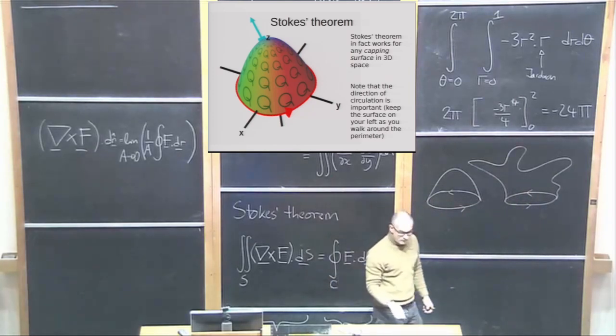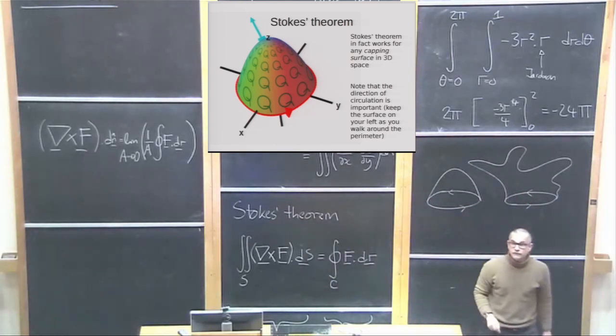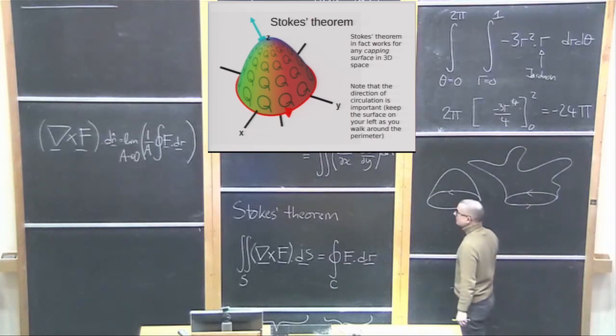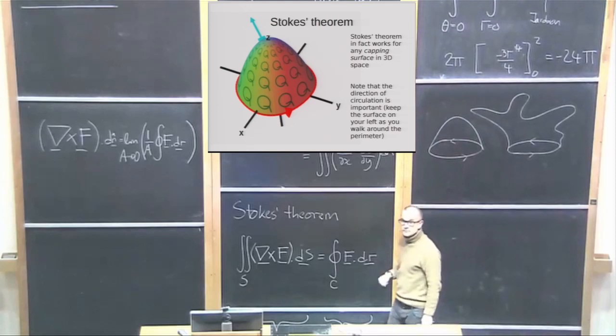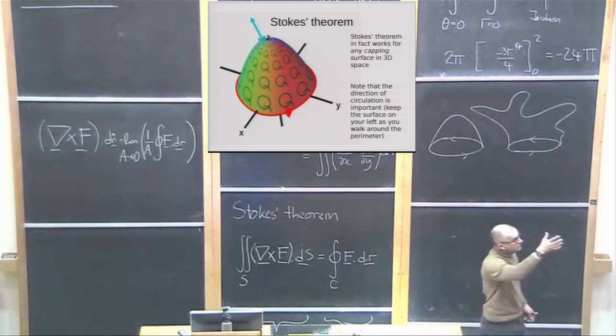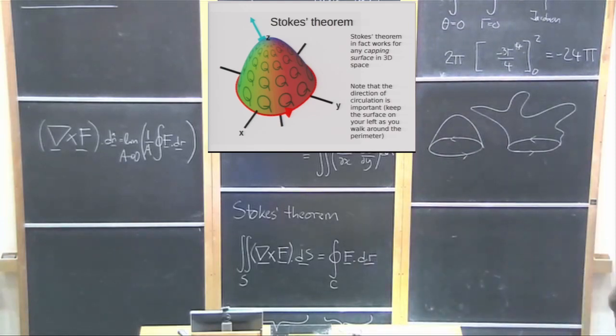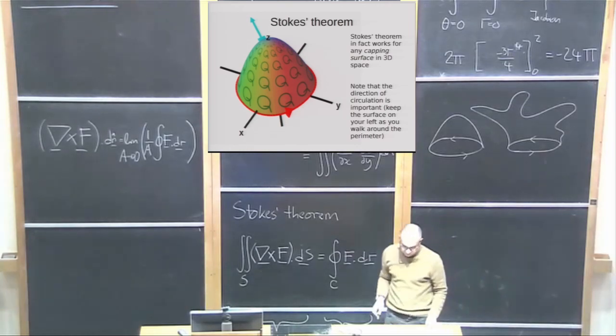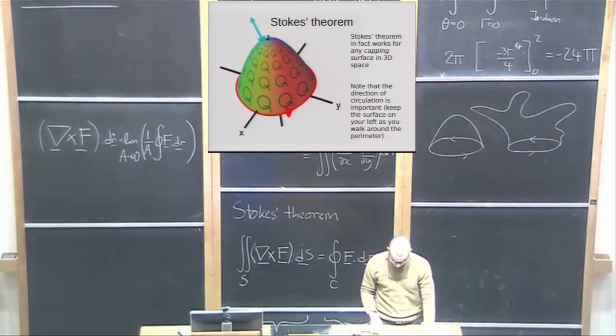And again, it should be obvious that it's the same. The surface integral of the curl must be the same because the line integral around that boundary is the same. So if shapes share a boundary, then because of Stokes' theorem, the surface integrals of the curl must be the same, regardless of the shape of the capping surface.